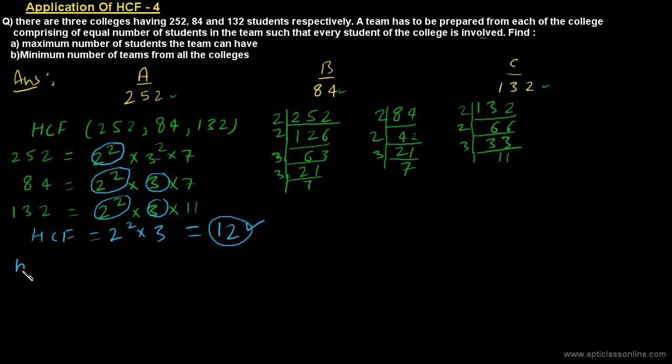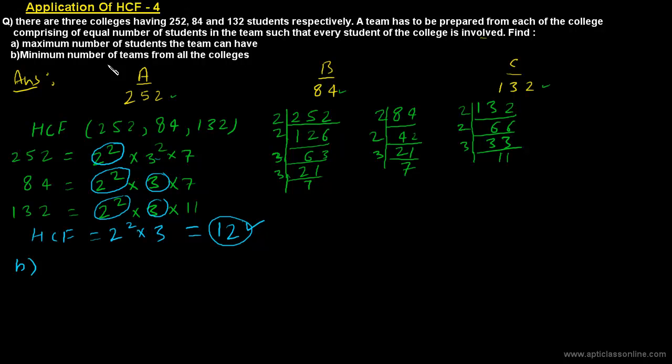Let's talk about the B part. Minimum number of teams from all the colleges. So when the maximum number of students the team can have is 12, when we take the maximum number of students in a team, then obviously we will be getting the minimum number of teams.